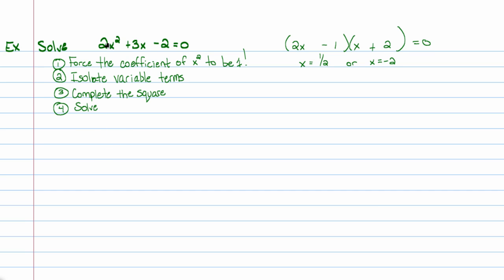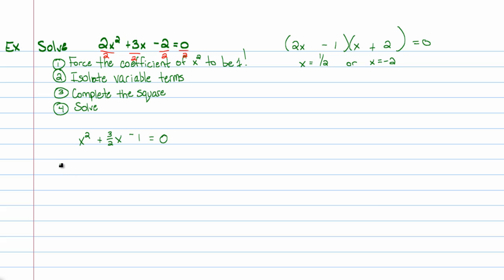Let's force the coefficient of x squared to be 1 by dividing each of these terms by 2. I'll divide both sides by 2, which means dividing every term in this equation by 2. You get the following: x squared plus 3 halves x minus 1 is equal to 0 over 2, which is still 0.